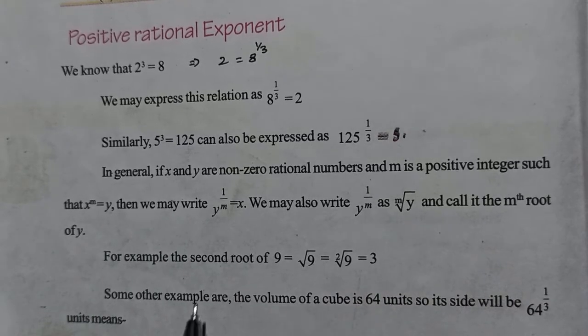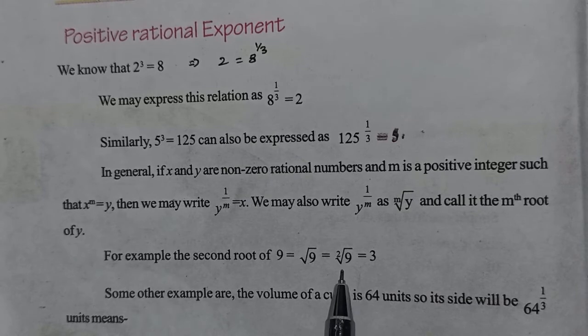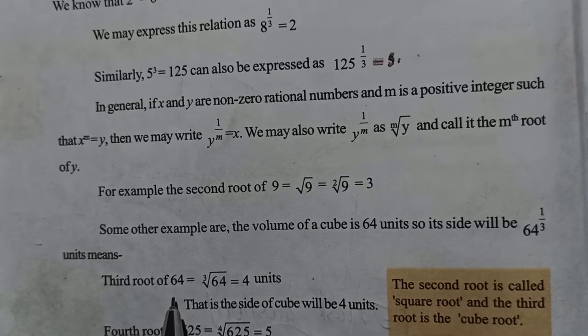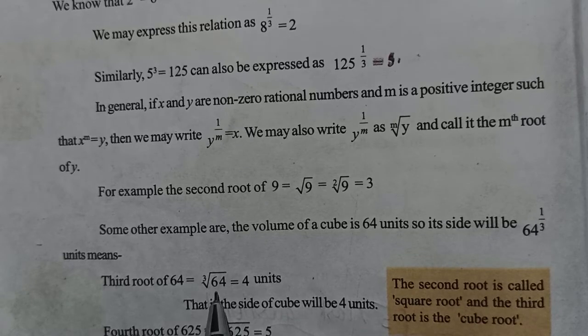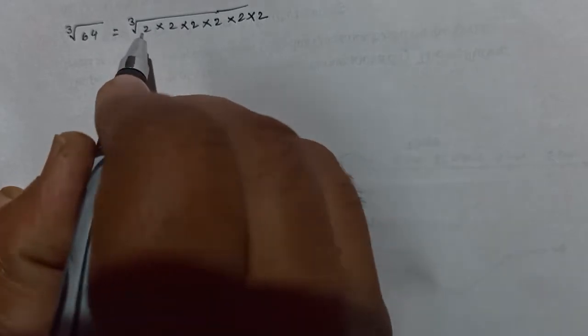For example, second root of 9, square root 9, equal to 3. 3 multiplied by 3, pair 3. Third root of 64, cube root 64. We can solve this: 2 multiplied by 2 multiplied by 2, 2 multiplied by 2 multiplied by 2.